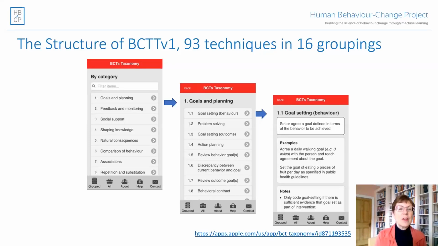And then if you look at number 1 there, goals and planning, move over to the right, you'll see a screenshot on goals and planning and the specific techniques within goals and planning, and the first 8 out of 9 are demonstrated here. And then if you look at 1.1 there, the goal setting of behaviour, then on the right you'll see the definition of that technique and examples of it, and also notes about how it differs from other techniques that one might get confused with.